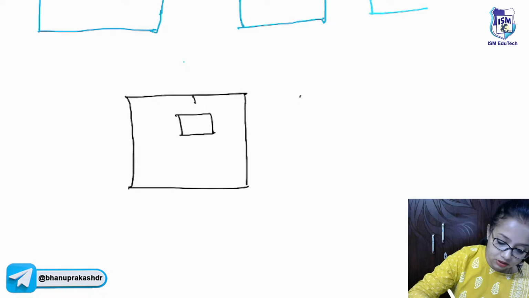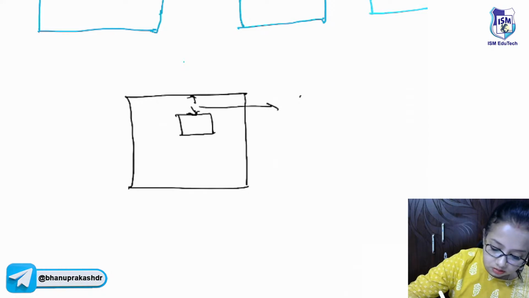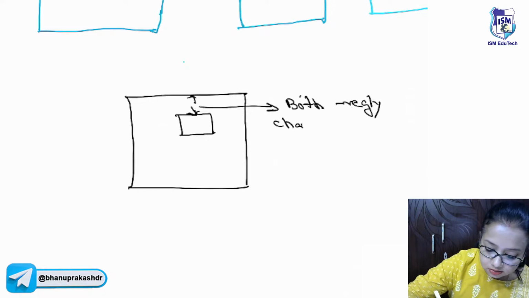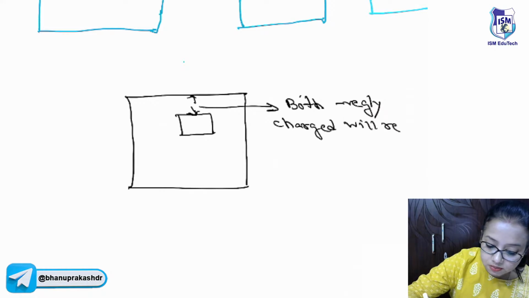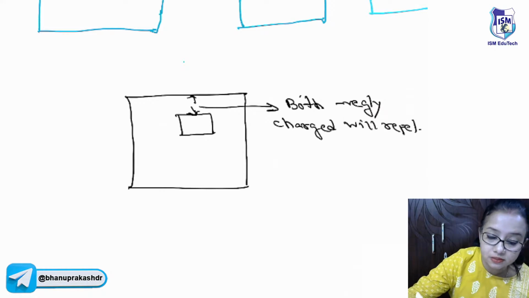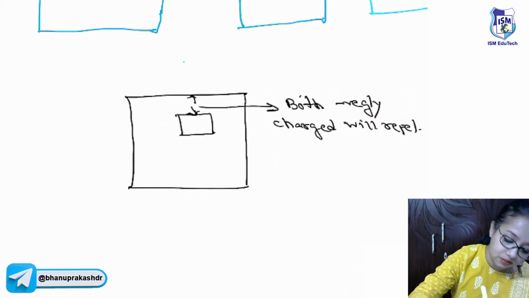So when both are negatively charged, they will repel each other, right? So what calcium does is calcium forms a bridge.